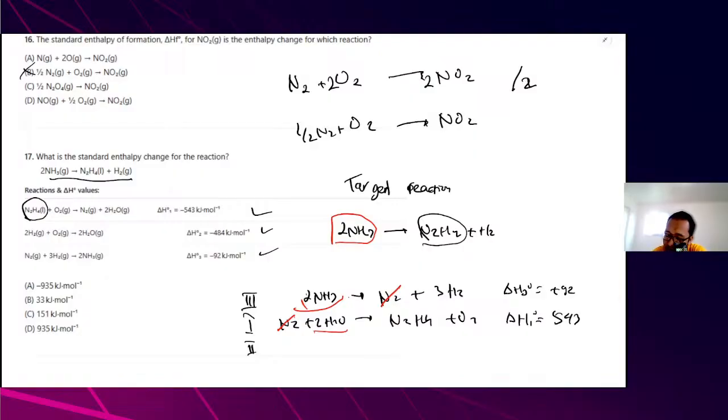How to do that is simple, just put the same thing for the second reaction: O2 plus 2H2. And then we cancel out the H2O again. And as you can see over here, delta H2 will be what it is.